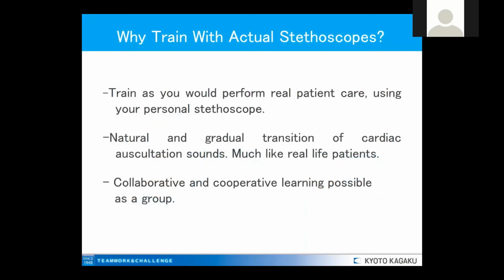And why is it so important to train with a real stethoscope? Well, this is because in the real clinic day-to-day, the students or the doctors will use a real one, and they will also be able to learn those very small differences between one auscultation point and another. Also, if you have a speaker, this allows you to get more students practicing at the same time.